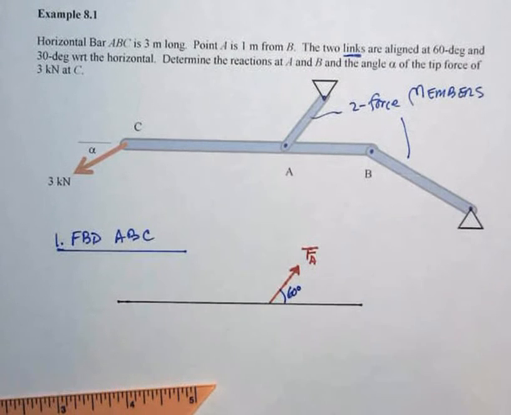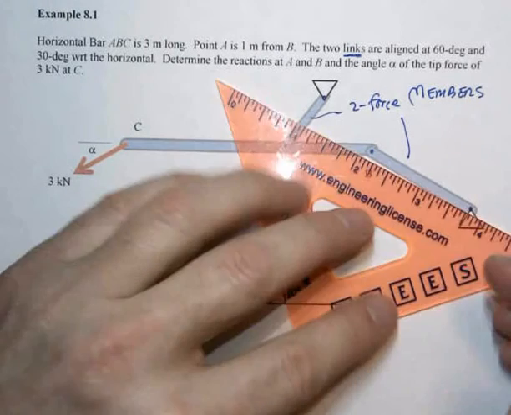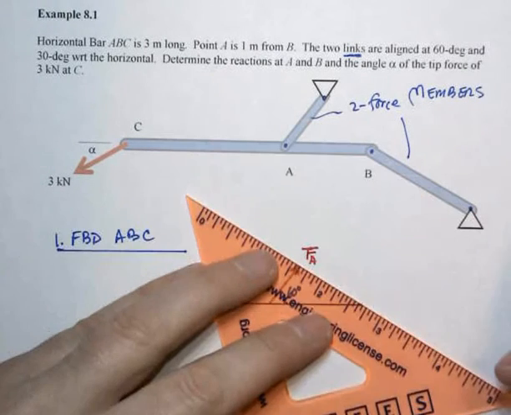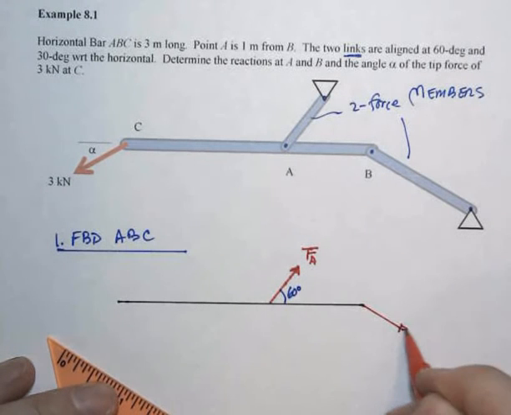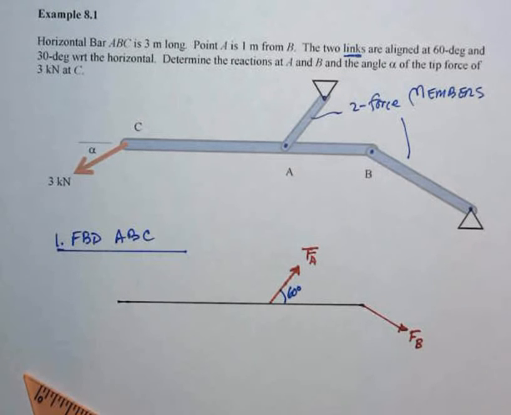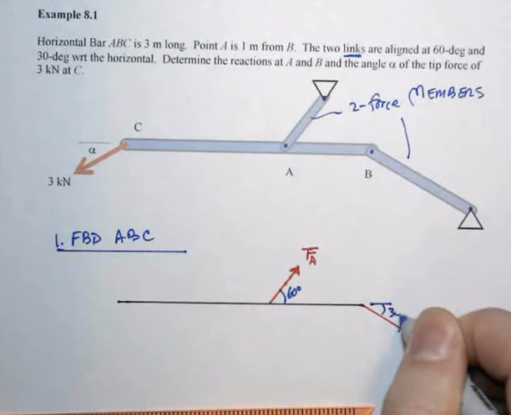And then over here at B, I'm going to do a similar thing and show a force that's going right along that line of action between the two connection points on the link. I'll call that F sub B. You might have just wanted to call it B, you could have. And here that's inclined 30 degrees with respect to the horizontal.